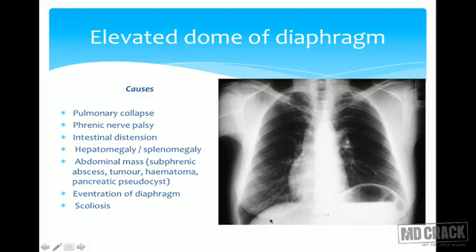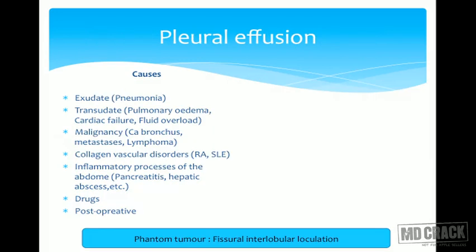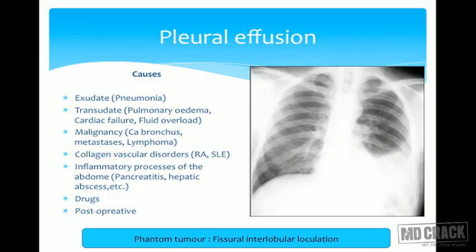Hepatomegaly or splenomegaly would push the diaphragm upwards. Abdominal mass might include subphrenic abscess, tumors, hematoma, or a pancreatic pseudocyst; also eventration of the diaphragm, or scoliosis. Scoliosis would cause an apparent shift or elevation of the diaphragm.